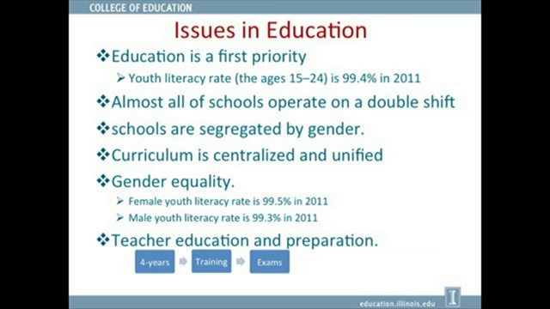So, teacher education and preparation. Usually teachers go to university and study for 4 years. During their study, they go to a training program for 1 year, and it's really intensive. They spend the whole year practicing in schools.